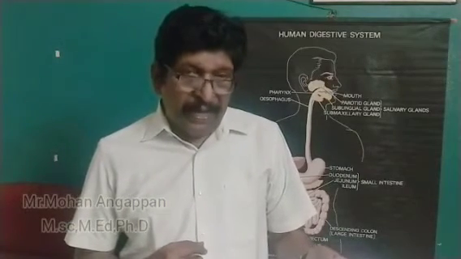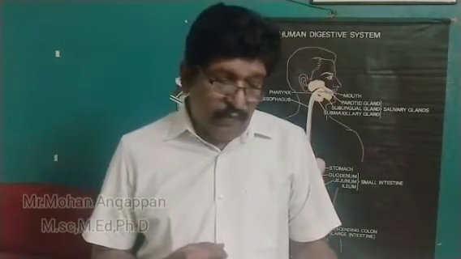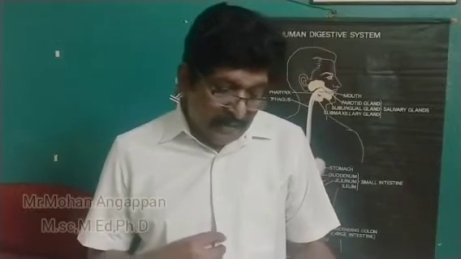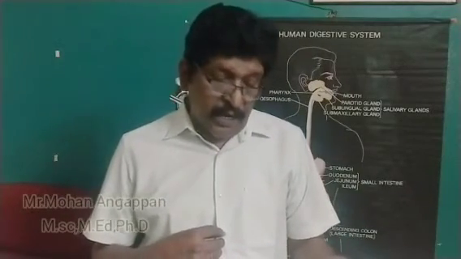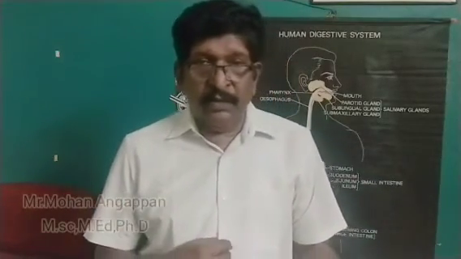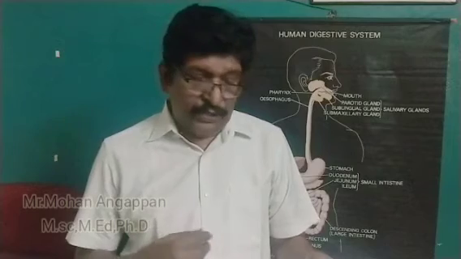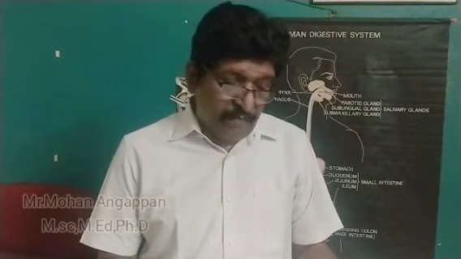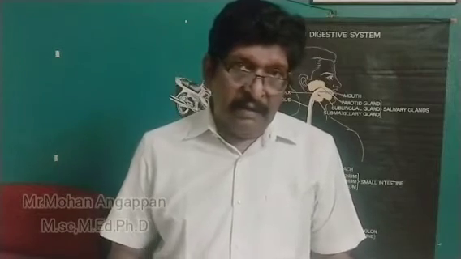This common bile duct combines with the pancreatic duct to form the hepatopancreatic duct. So this hepatopancreatic duct opens into the duodenum and releases the pancreatic juice and bile into the duodenum for digestion. So it's very important.